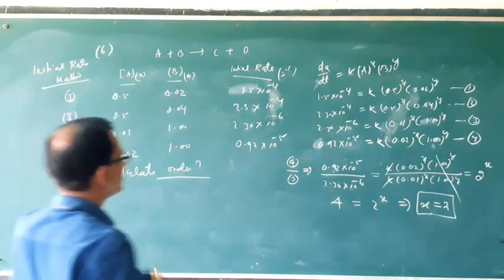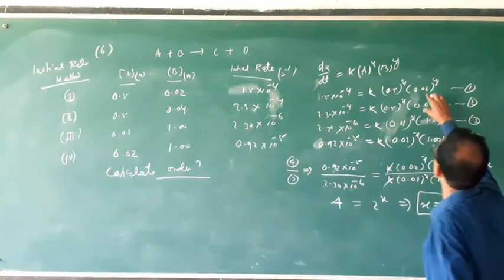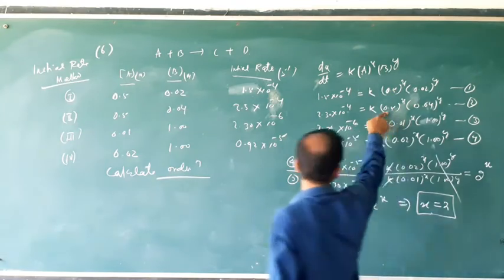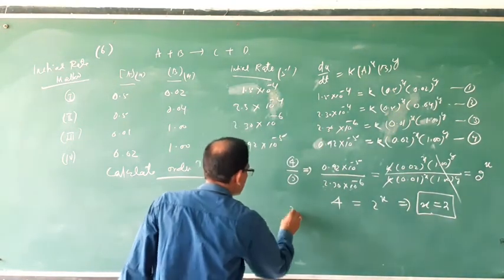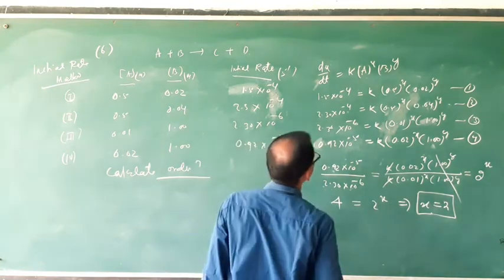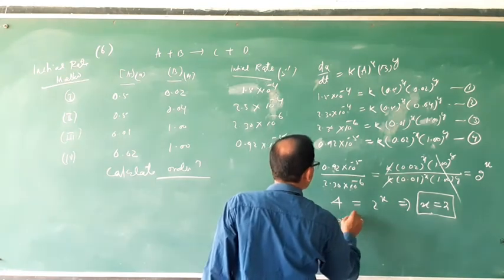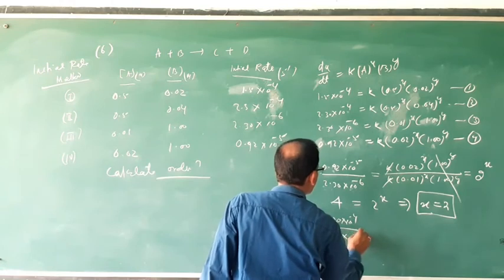So now x is calculated. Similarly, for the y value, to calculate y the x value should be the same. Then you take equation 2 divided by equation 1: 2.30 into 10 to the power minus 4 upon 1.5 into 10 to the power minus 4.